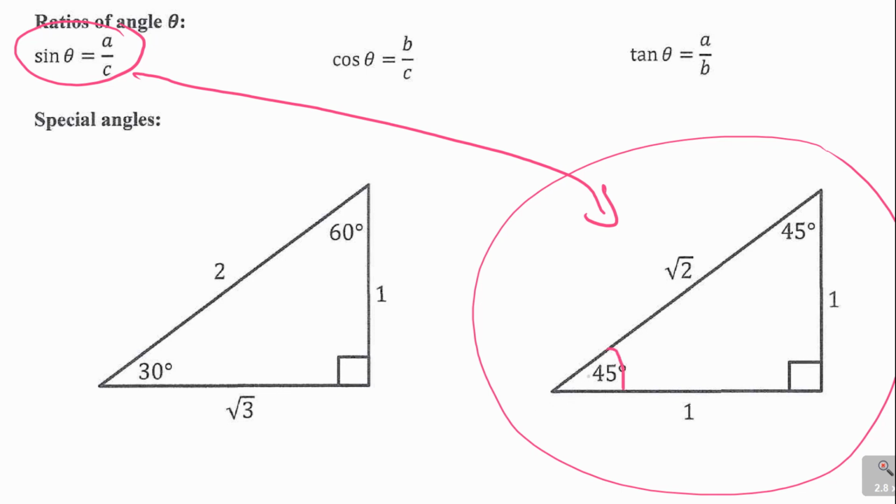See that? That represents your theta. So sine theta is A over C, and this was your A here, and that was your C. So sine 45 is equal to A is 1 over C is square root of 2. Do you see that? So that's what you're going to write there.